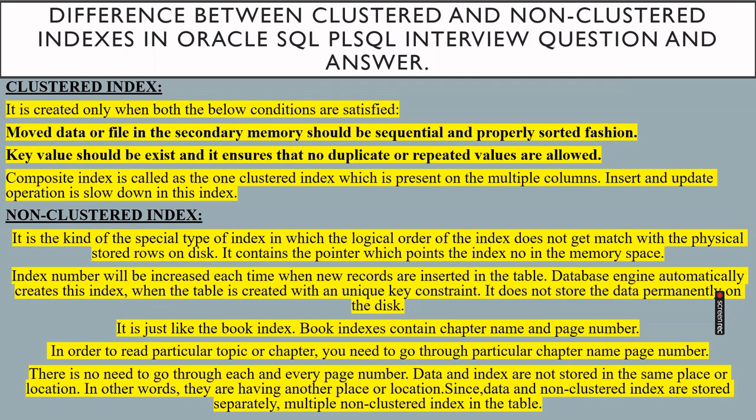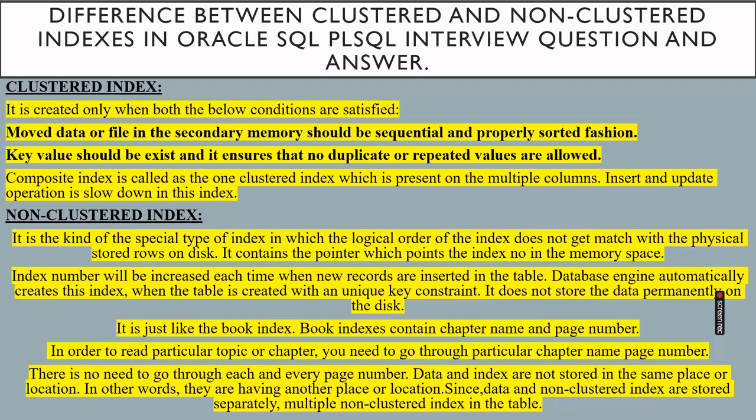First, data or files moved in the secondary memory should be in a sequential and properly sorted fashion, in ascending order. Second, key values should exist and no duplicate or repeated values are allowed.